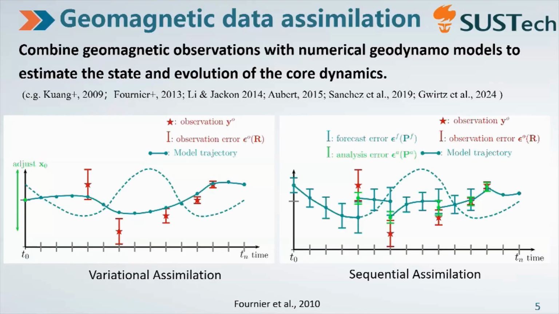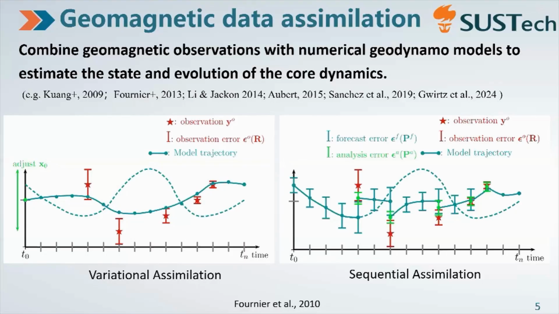Of course, the technique is well known: data assimilation, which has been introduced in geomagnetism over the last 2 decades. The idea is to combine the geomagnetic observation with numerical geodynamo models to estimate the states of the core and also to make predictions of the evolution of the Earth's magnetic field. Broadly speaking, there are 2 branches of these data assimilation techniques.